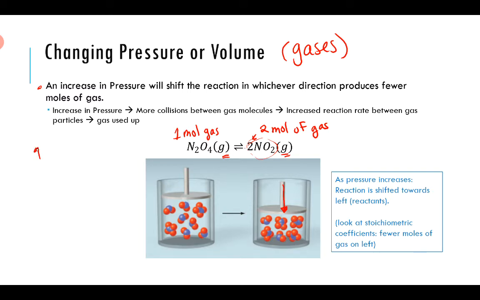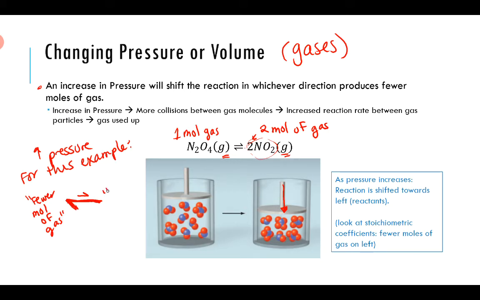And so if we increase the pressure for this example, then my backwards reaction is going to go more, and the forwards reaction is going to stay the same. And so fewer moles of gas. So increasing the pressure shifts in the direction where you have fewer moles of gas.